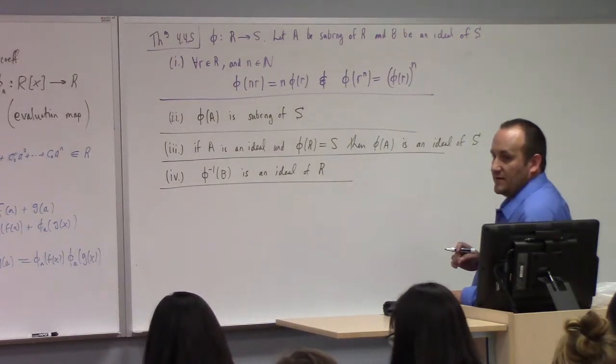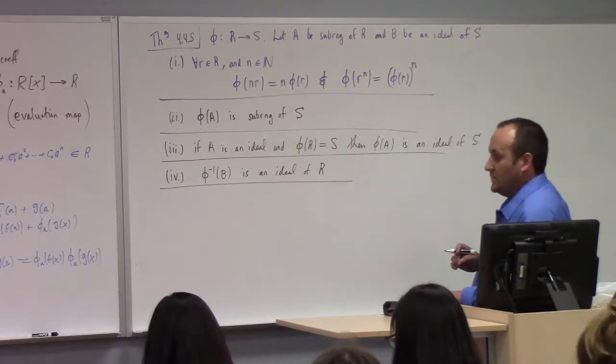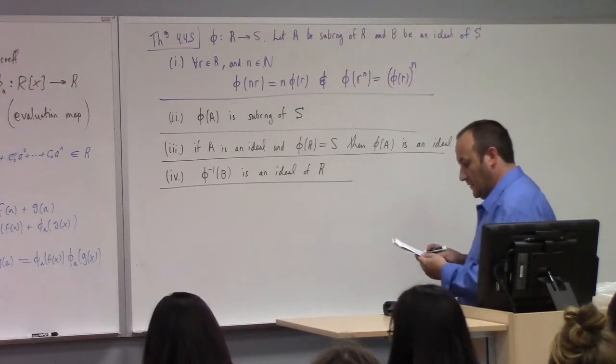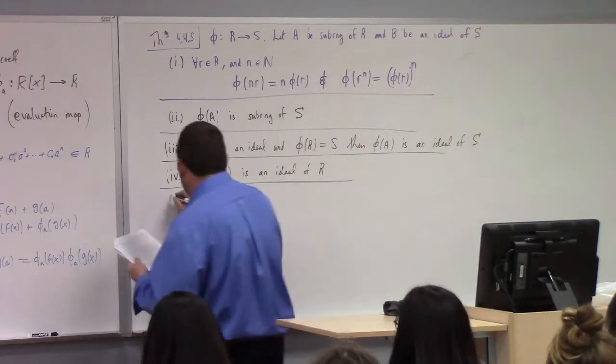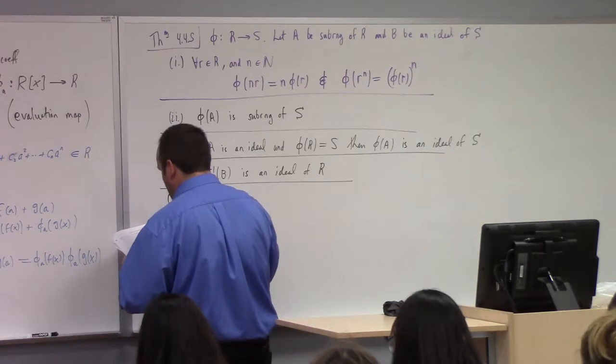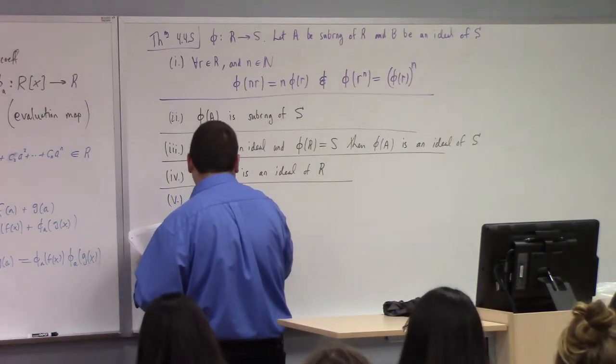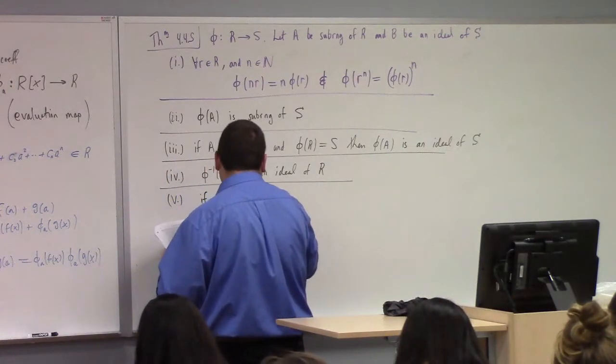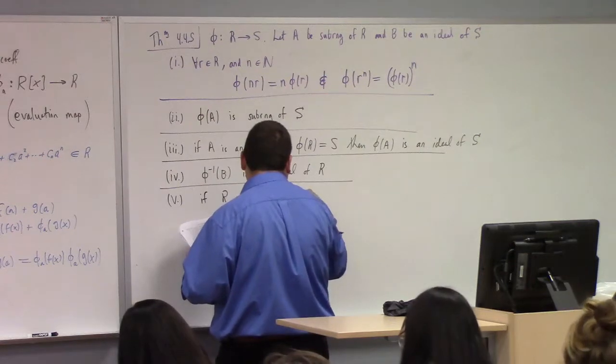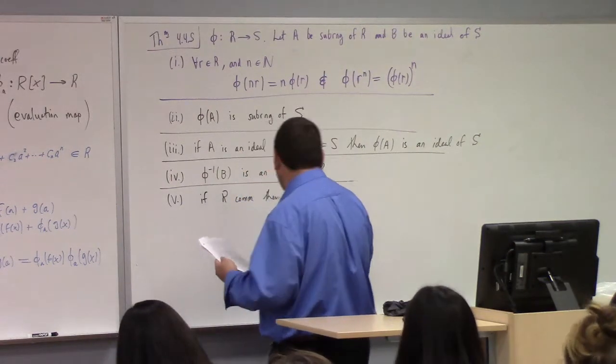We did not need surjectivity for that. We had this for groups as well. 5, if R is commutative, then guess what? The image of R under phi is commutative.